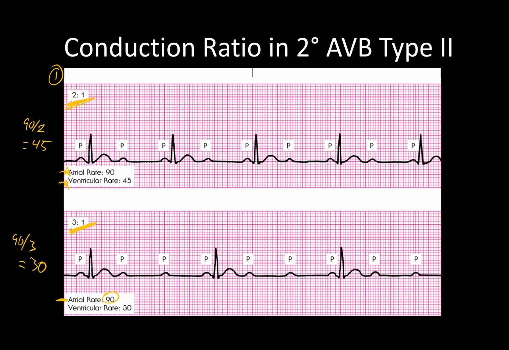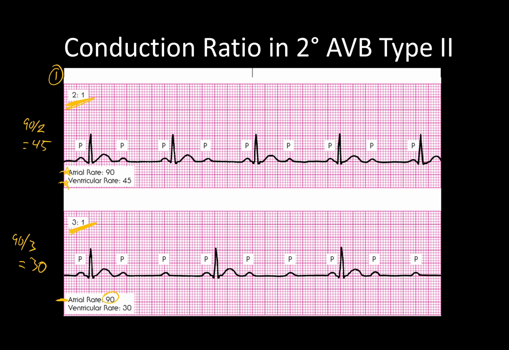I mean, imagine if this patient's heart rate was 60. If 1 out of every 3 beats went through, they'd have a heart rate of 20. And that's the idea, being able to say, I've got a second degree block, type 2, with a conduction ratio of 3-to-1. I don't care if their heart rate's 150. If you still divide that by 3, that's not a great heart rate.